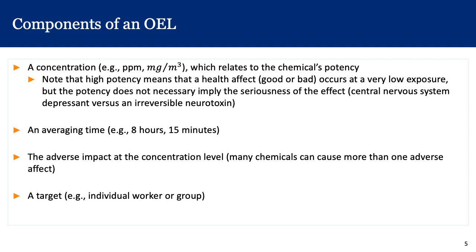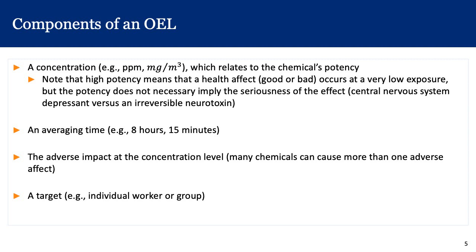So what are the components of an OEL? First of all, we need a concentration in units of parts per million or milligrams per cubic meter for an airborne contaminant. This is related to the chemical's potency to cause harm. And so note that a high potency means that a health effect occurs at a very low exposure, but the potency does not necessarily imply the seriousness of the effect.